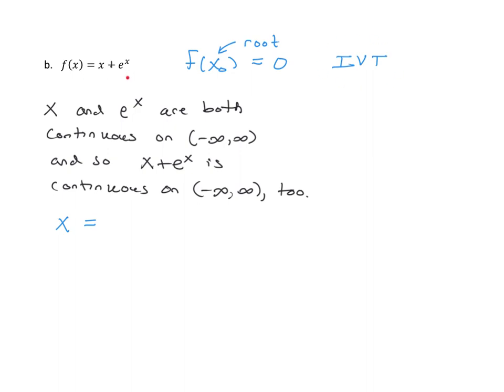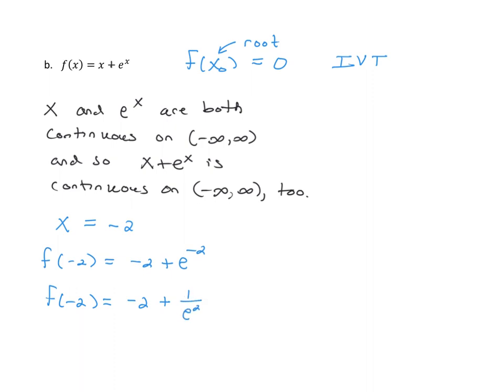So a place where this is negative, I think I'm going to let x equal -2. If I put that into the function, f of -2 is equal to -2 plus e to the -2. Now, what does that simplify to? Well, that's -2 plus 1 over e squared.